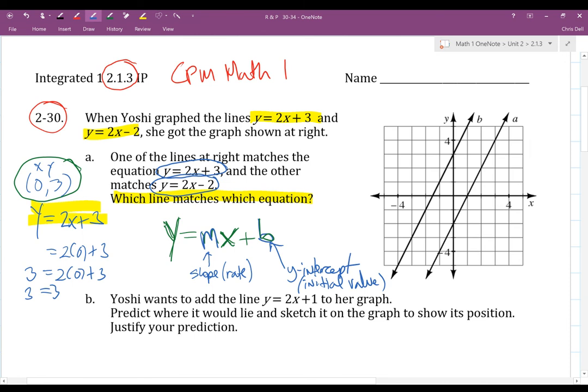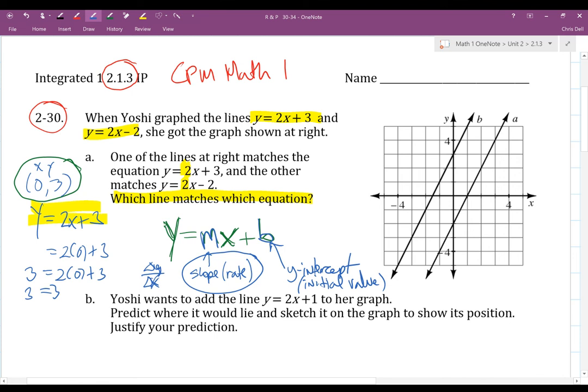So if I look at my two equations now, this is where now I can match them up. I can see they both have the same slope. They both have a slope of 2, which is the change in y. Remember, slope is always written as the change in y over the change in x.